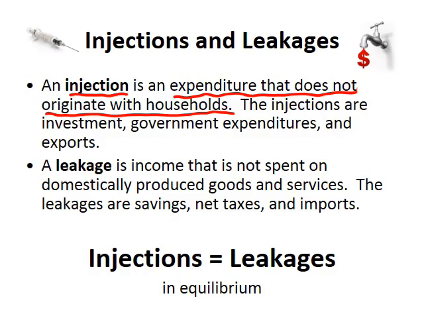Other firms, being for investment, the government, and exports. Leakage is income that is not spent on domestically produced goods and services. So it's money that's not going back to buy the goods and services. If you're not buying goods and services, what could you do with your money? You could save it, you could pay taxes, or you could buy imports. And note that injections equal leakages in equilibrium.